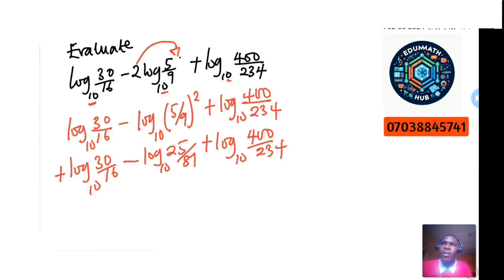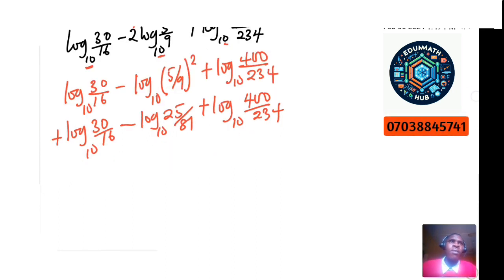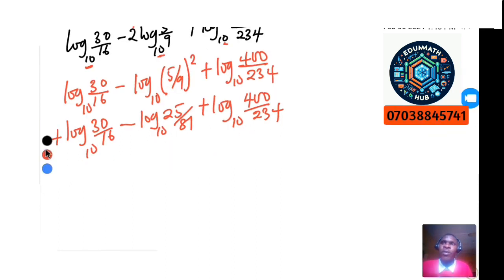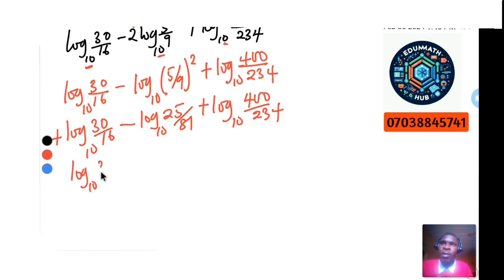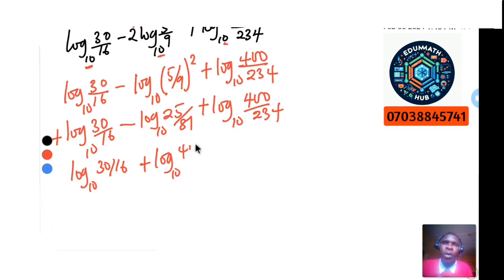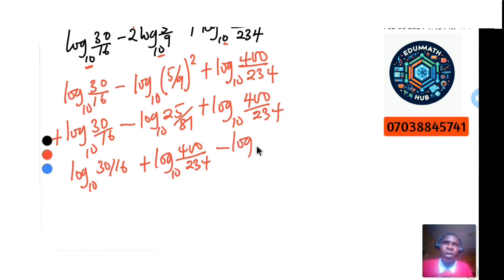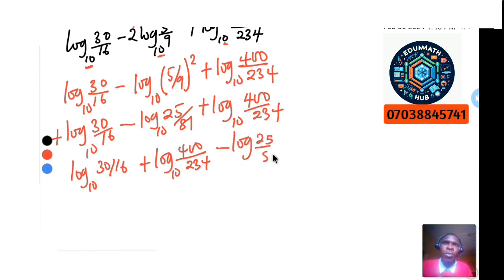You can rewrite it as log to base 10 of 30 over 16, plus log to base 10 of 400 over 234, minus log to base 10 of 25 over 81.